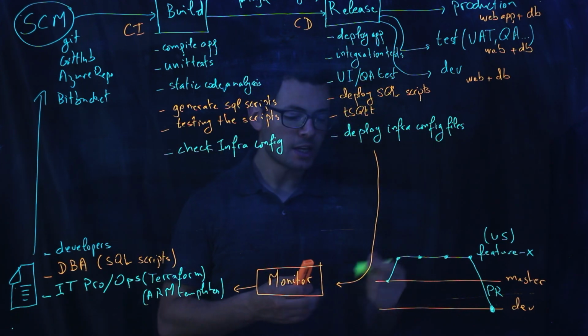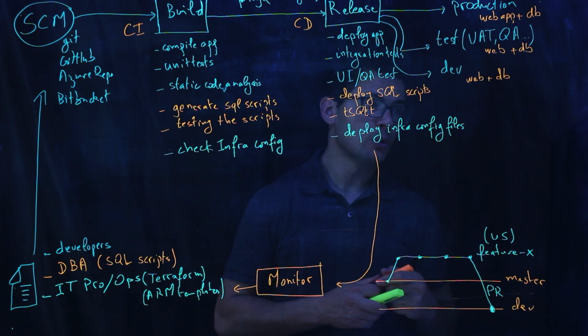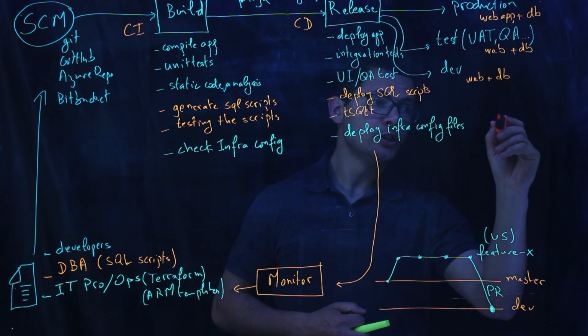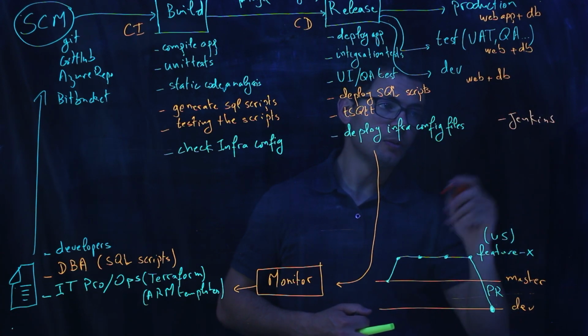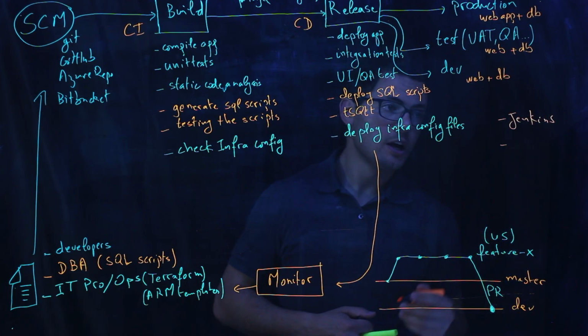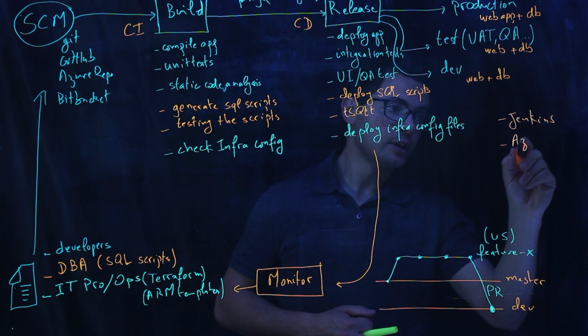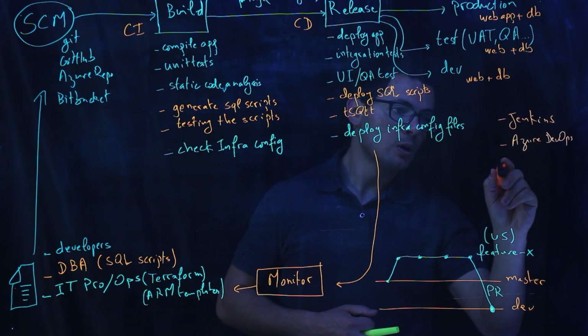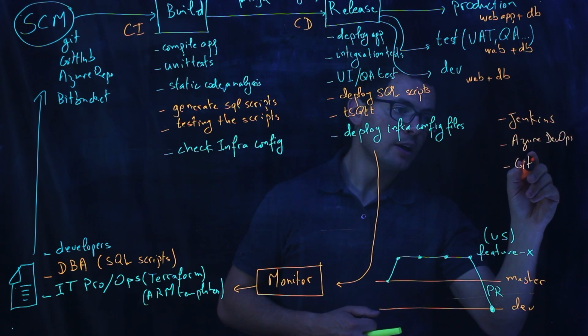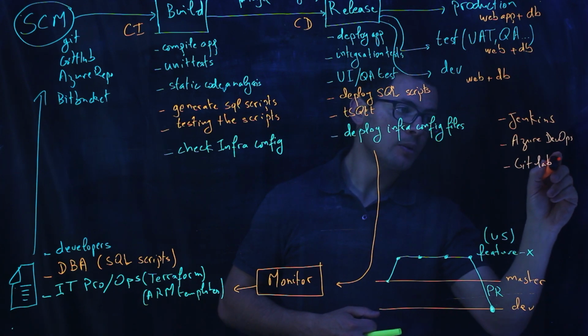Here we can mention some of the most known tools. For example, Jenkins, which is the most known CI/CD tool. We have also Azure DevOps, the tool created by Microsoft. GitLab also has its own tool, GitLab CI.